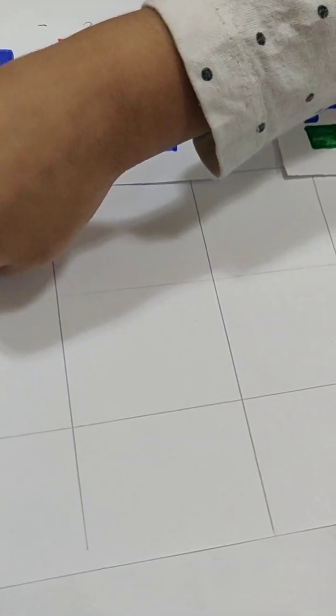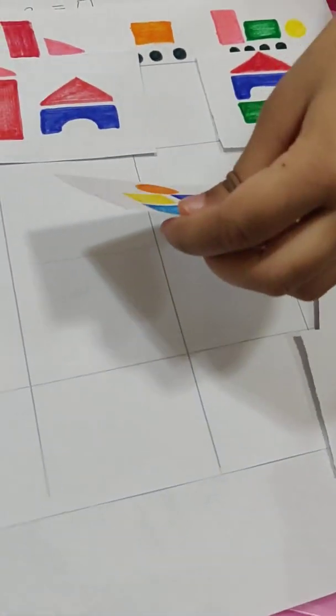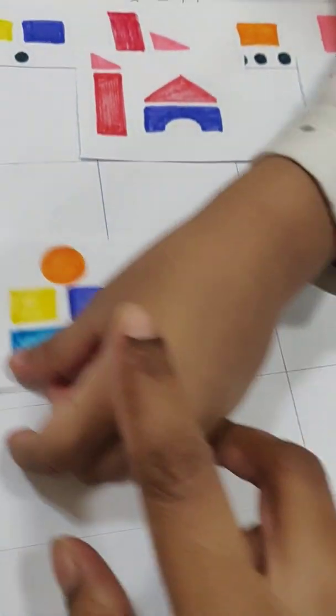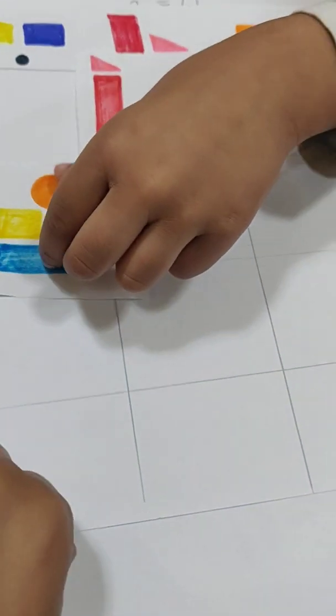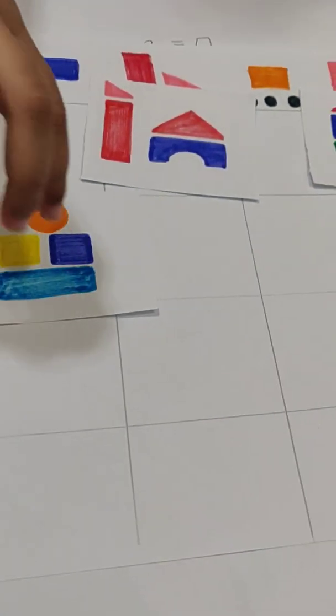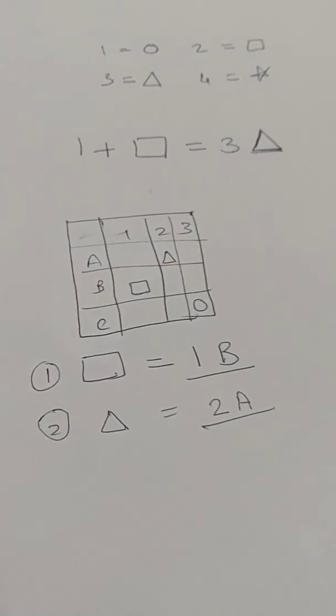Here. This? No. This? No. Then this? No. So see, orange circle, blue rectangle. Yes, this is correct. You can take it down.